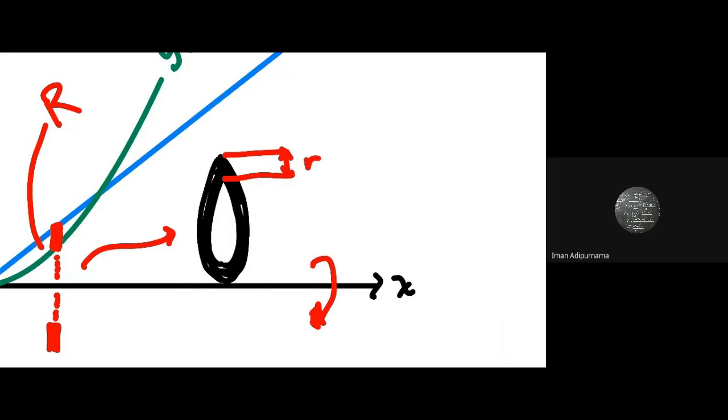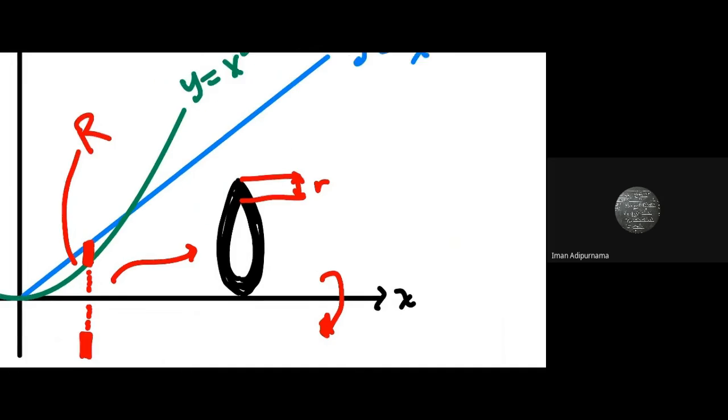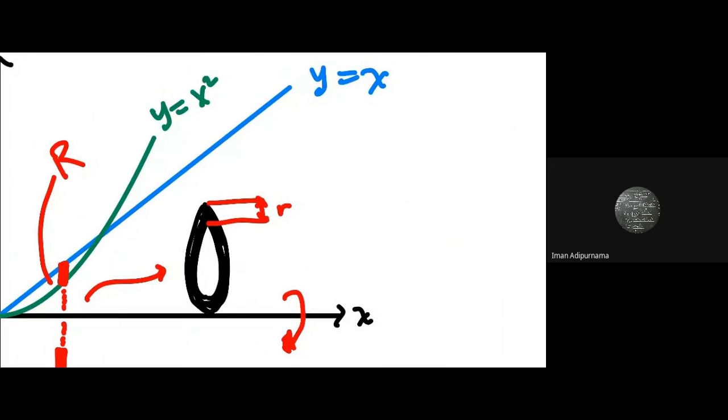Now we need to identify the radius. Previously, for area, if you have two different equations, we can simply take the difference in height, the top minus the bottom, so y1 minus y2, or x minus x squared, and then integrate. But be careful in the volume: the difference should be the difference in area.